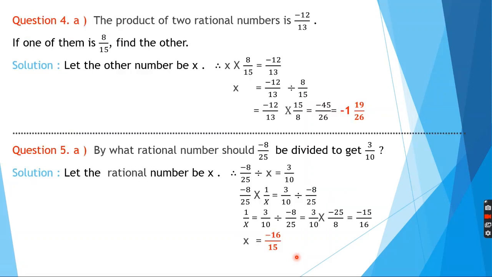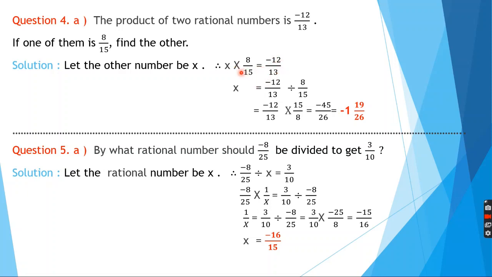Now the next question is the fourth question's A part. The product of two rational numbers is minus 12 by 13. If one of them is 8 by 15, find the other. The product is given, which means the answer is equal to minus 12 by 13, and one of the rational numbers is given as 8 by 15. Therefore take the other number as x. Therefore x into 8 by 15 is equal to minus 12 by 13.